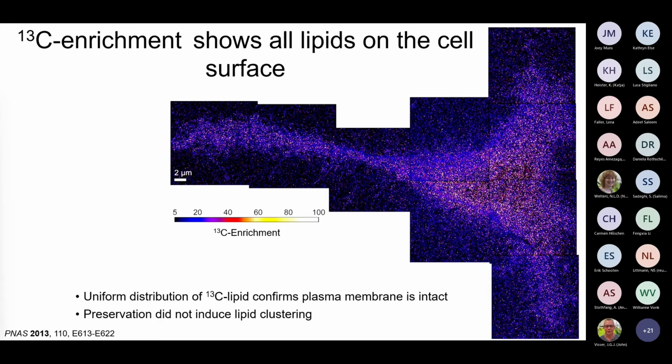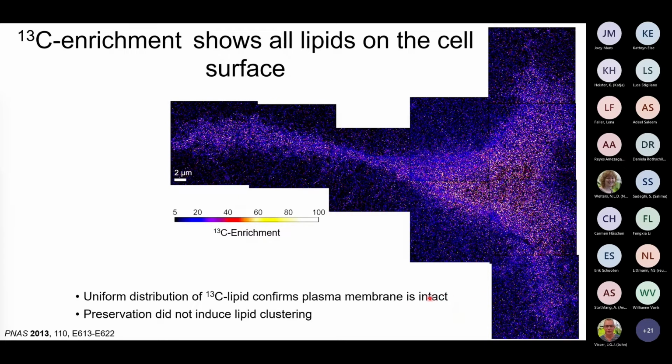Here's a carbon-13 enrichment image. So carbon-13 enrichment is encoded at every pixel in color. So dark blue is low enrichment. White would be very high enrichment. So this reddish pink is about 30 times natural abundance.